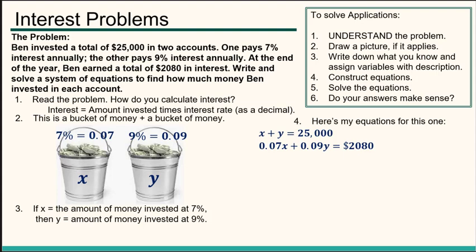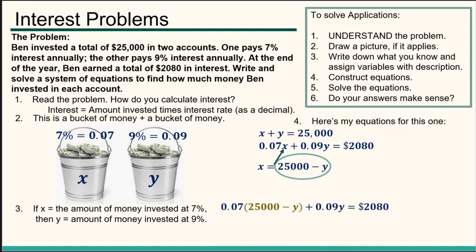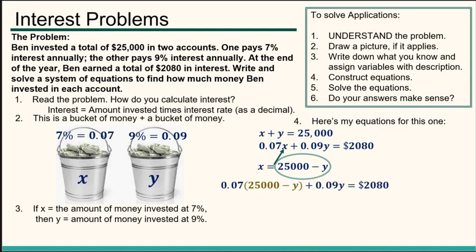I stare at these two equations and I go, what am I going to do? I think I'll use substitution. I'm going to subtract y from both sides of that top one so that I get 25,000 minus y is equal to x. And I'm going to substitute that in for x. This gives me 0.07 times (25,000 minus y) plus 0.09 times y equals 2,080.